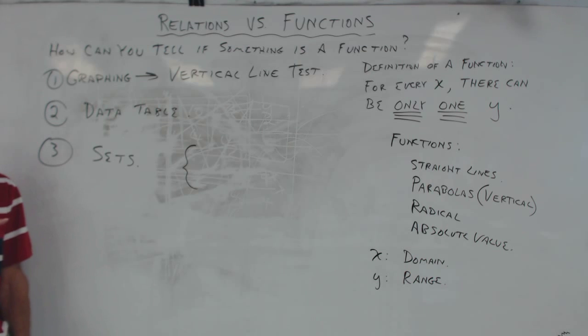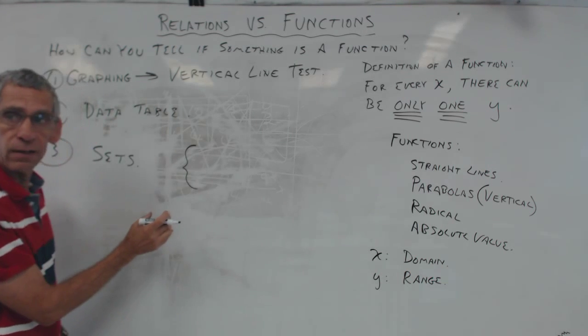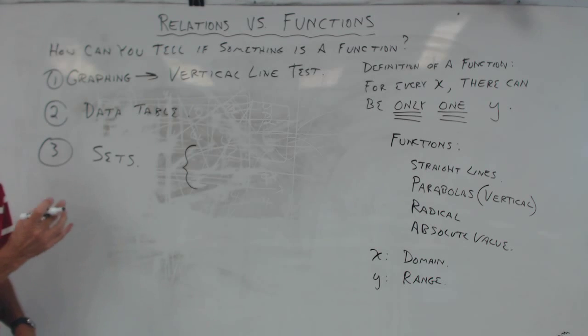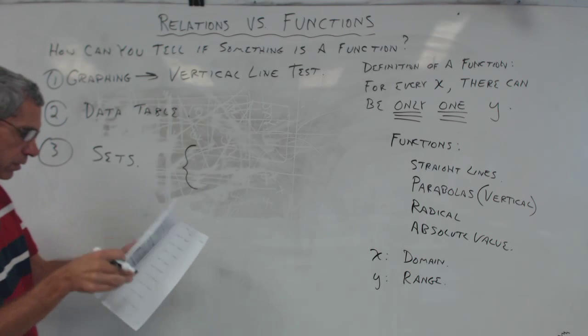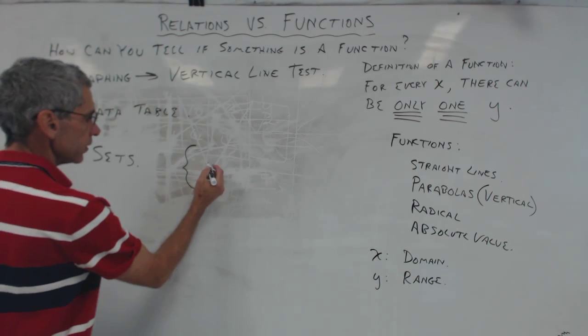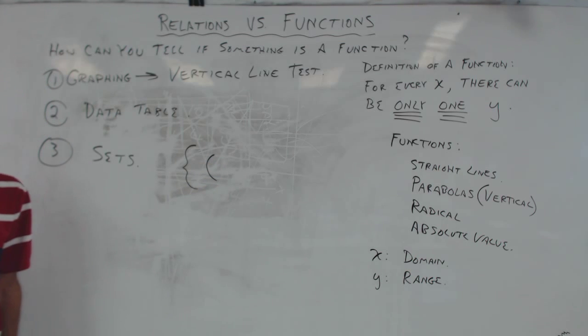Whenever you see a brace like this, oftentimes it's denoting a set, a group of points, or a group of something. Okay? In this case, I have a set of coordinate points.